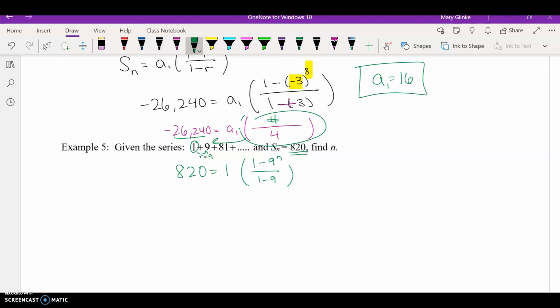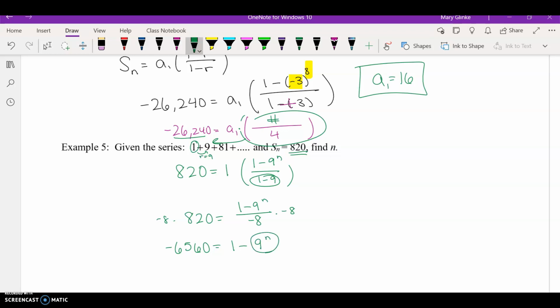So we're going to first divide a sub 1 to the other side, which in this case changes absolutely nothing. And in our denominator, I can also simplify that to be negative 8. So I'm going to multiply the negative 8 to the other side and get negative 6,560 equals 1 minus 9 to the n.